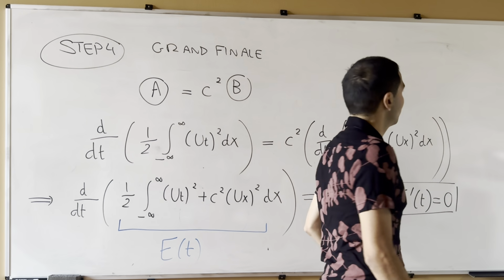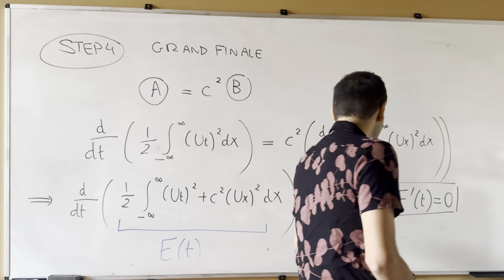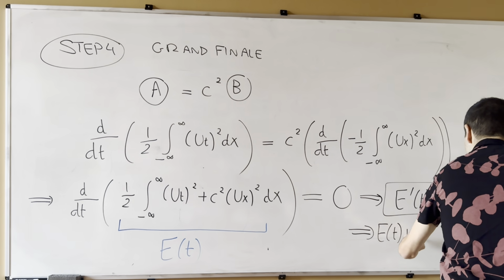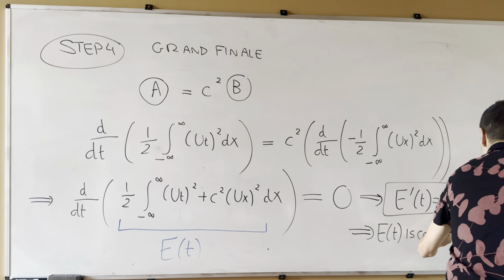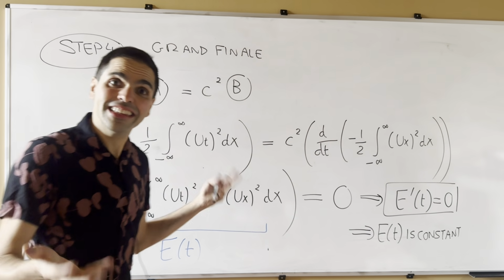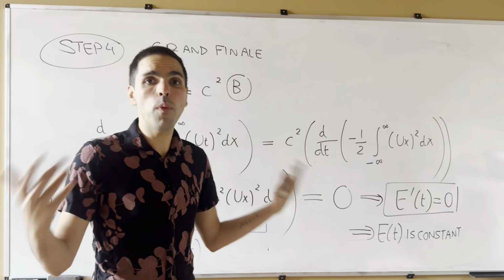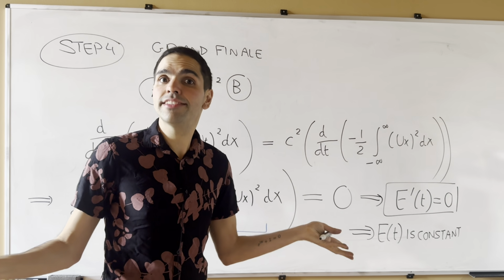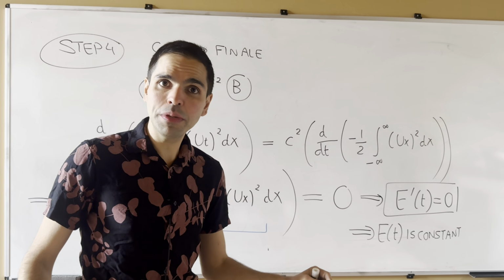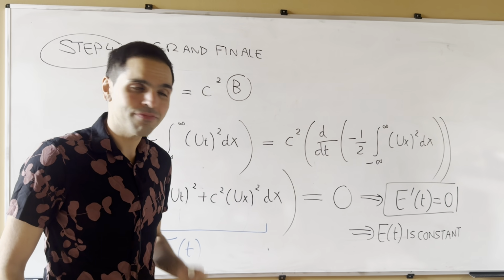So E prime of t is 0, and therefore, finally we have that E is constant. And this is extremely cool because at no point did we guess what the energy was. We literally started with the PDE and eventually found the energy.